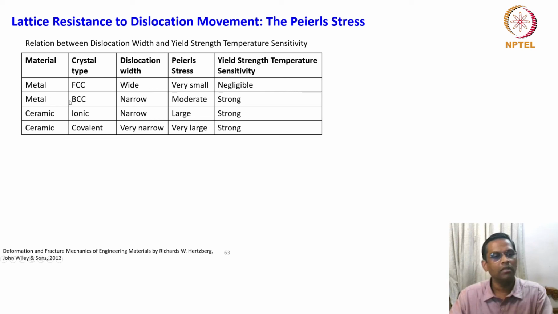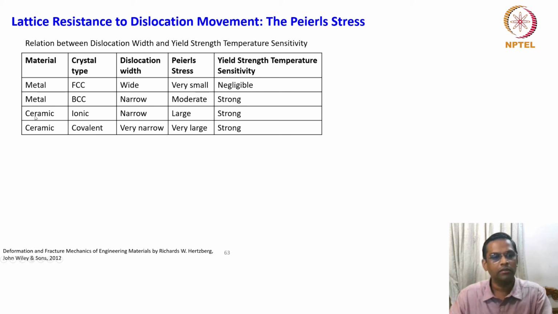If you take a metal of BCC type, dislocation width is narrow, Peierls stress is moderate, and temperature sensitivity is strong. So even within these metals, between BCC and FCC, there is a huge difference in the Peierls stress. Okay.